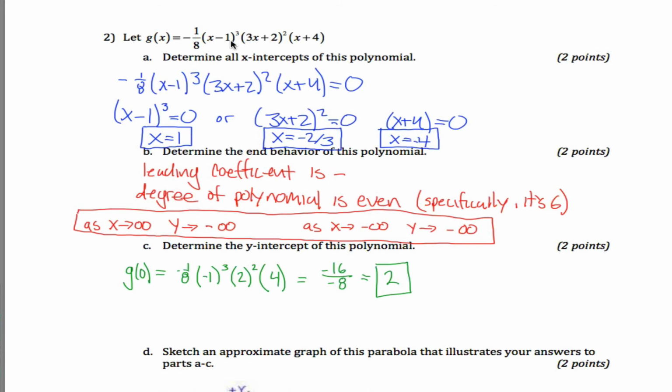When the degree of the factor is odd, nothing strange happens. But when the degree of the factor is even, the graph you can kind of think of is it's going to bounce off the x-axis at that point. So really what I'm saying is I want the graph to go through the x-axis at x equals 1 and x equals negative 4, but I want it to bounce off in some sense at negative 2/3.